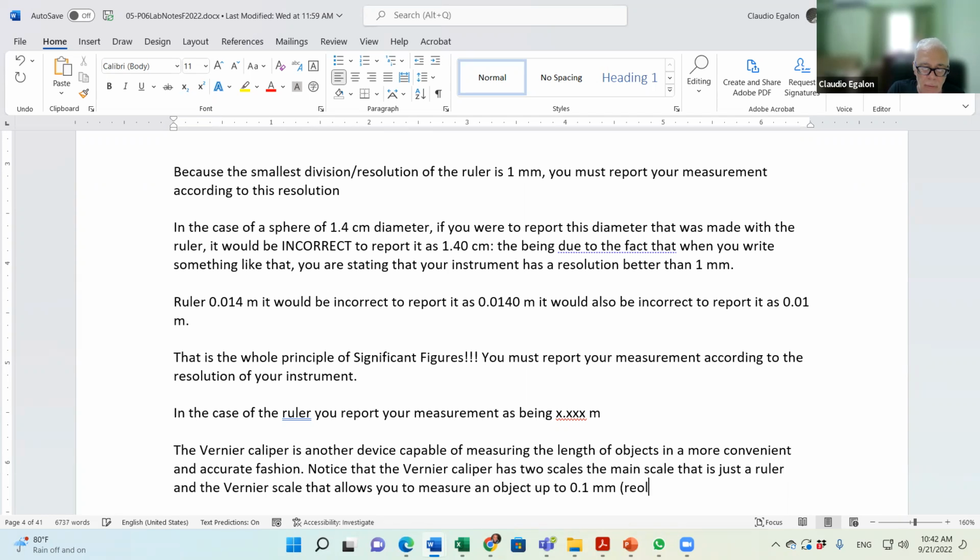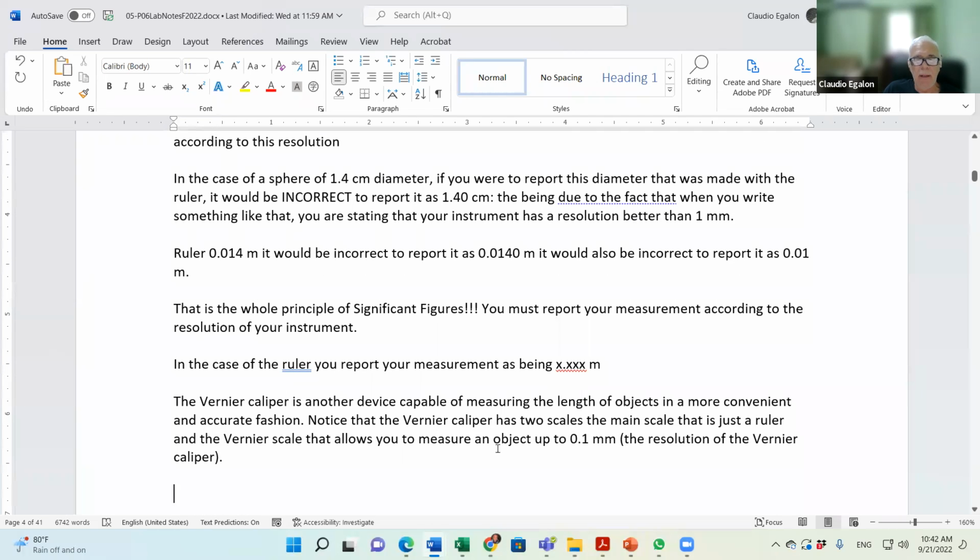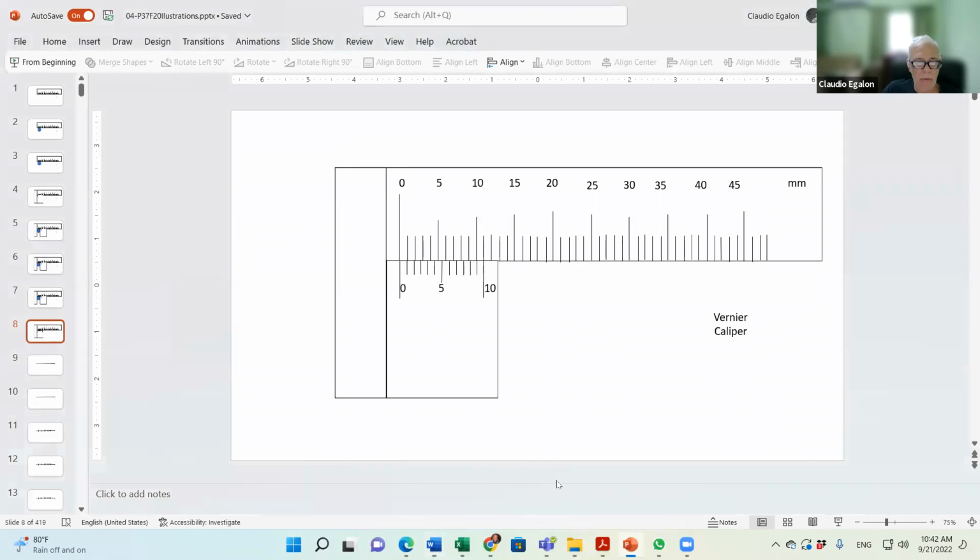That's the resolution of the vernier caliper. I'm going to teach you how to use this vernier scale right here. Any questions so far?